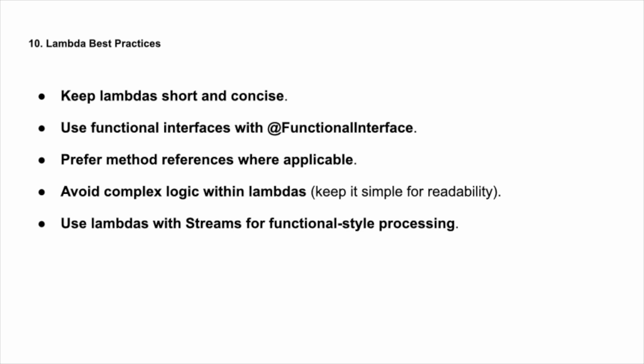Okay, now understand the best practices of it. I mean, while writing lambdas, we need to keep these points in our mind. So, first is keep lambdas short and concise. Use functional interface with lambdas. Prefer method references where applicable. Avoid complex logic within lambdas. Keep it as simple as possible.